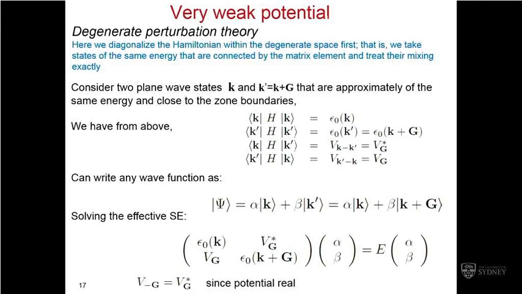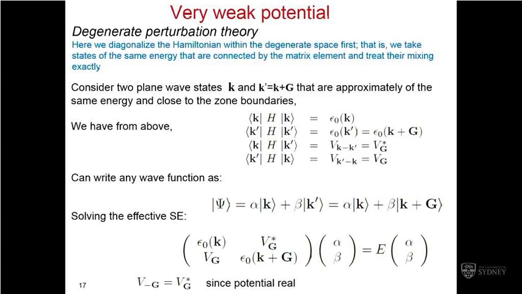And so we end up with our expression here: E0 of k minus E, times E0 of k plus G minus E, minus V of G times its complex conjugate, equals 0.